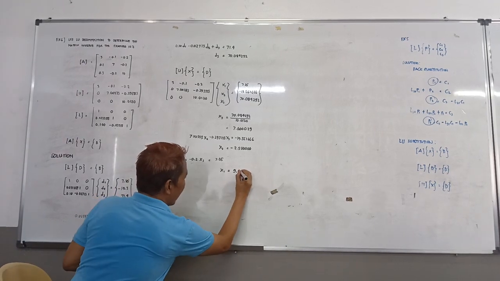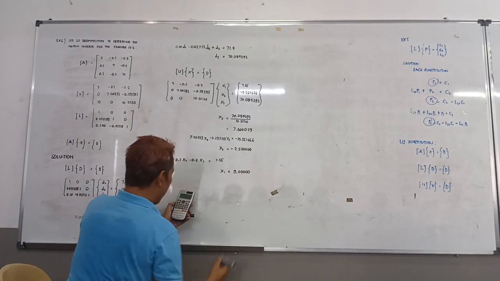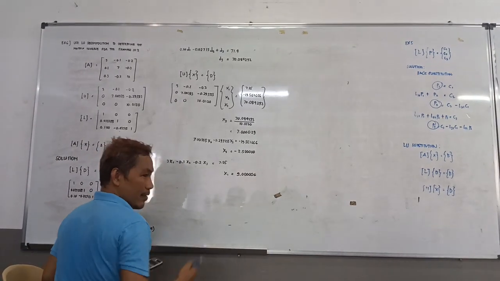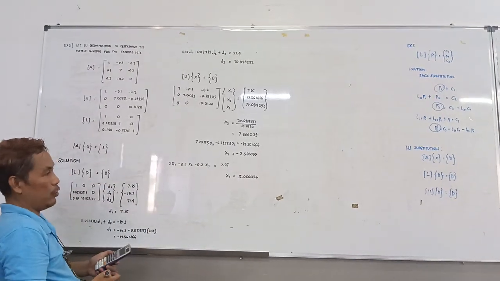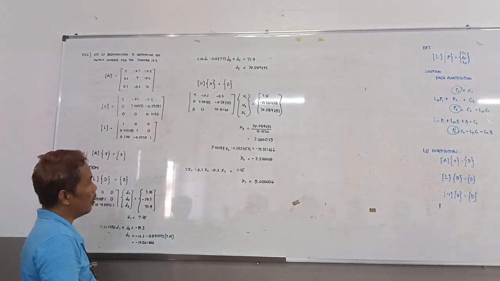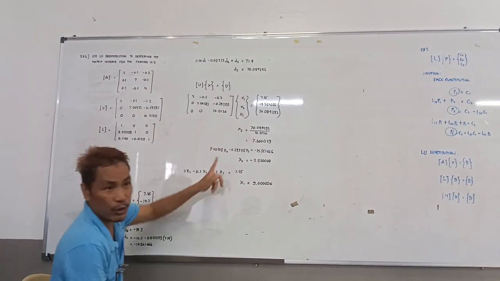We have actually 5 zeros, and the next number is 57, so I just rounded up. These are the values of the unknown x.